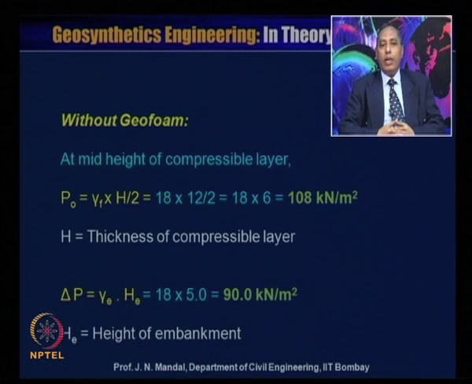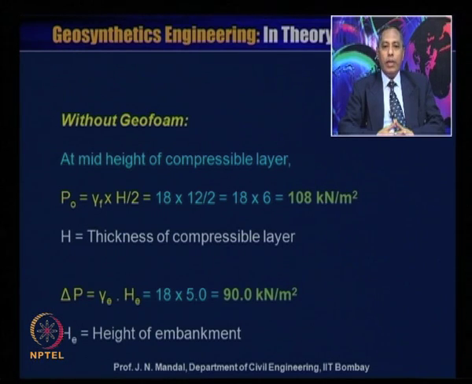So, when you are not using the geofoam, so without geofoam, at mid height of the compressible layer, what is P0? So, P0 is equal to gamma f into H by 2, and gamma f is given 18 and height of the foundation is 12.